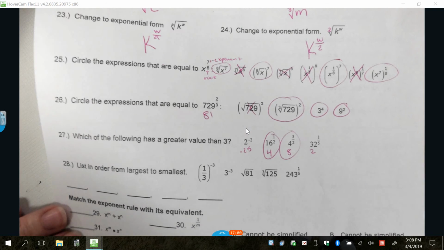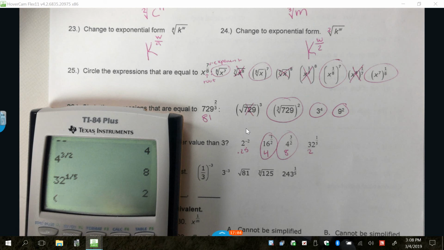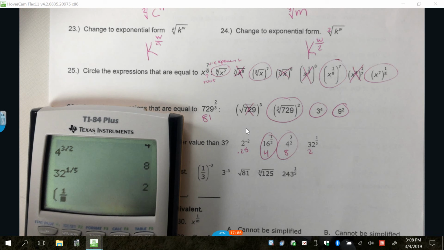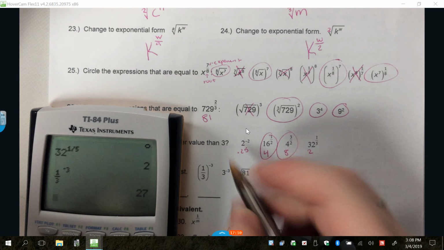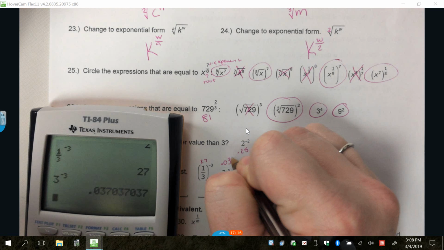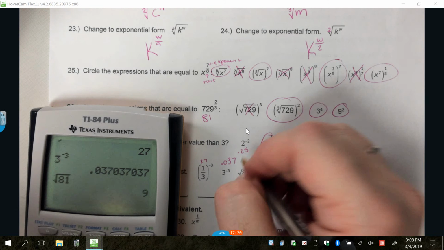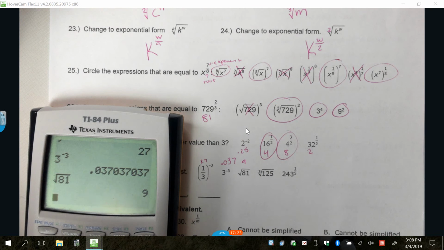Now it says list in order from largest to smallest. So let's do that. So this equals 27. 3 to the -3 is 0.037. I like to leave them as decimals because decimals are easier to see when you're talking about largest to greatest.